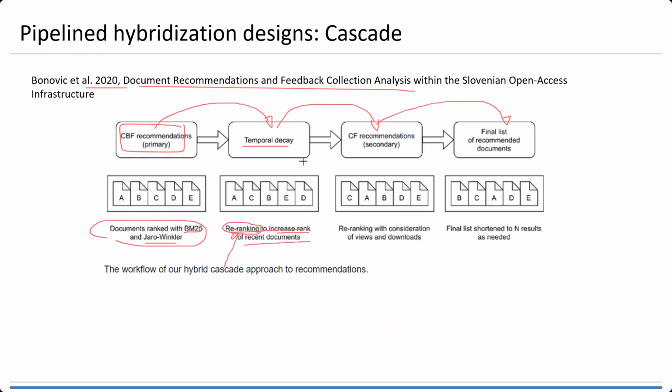And then with collaborative filtering, we do the re-ranking with consideration of views and downloads. And then at the end, we produce the final list of recommended documents. If you can see this, it is a multiple-step process to make the recommendation system better.